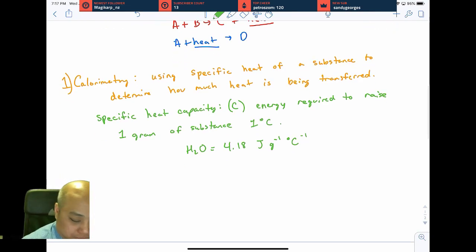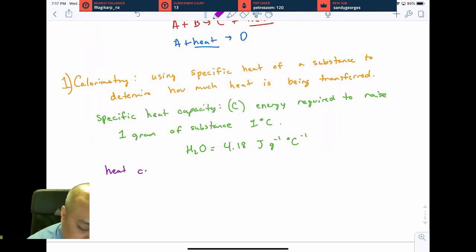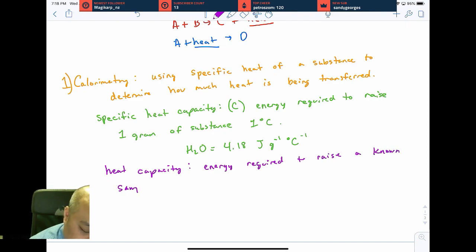capacity. Okay. Don't mix this up with heat capacity. Heat capacity, which doesn't really have a symbol, is the energy required to raise a known sample 1 degree Celsius.